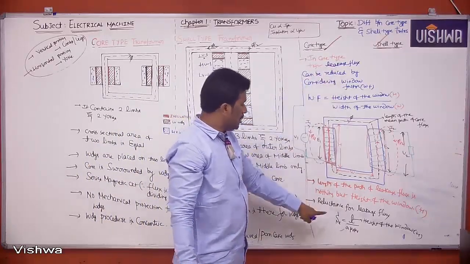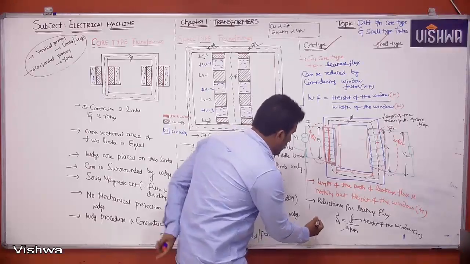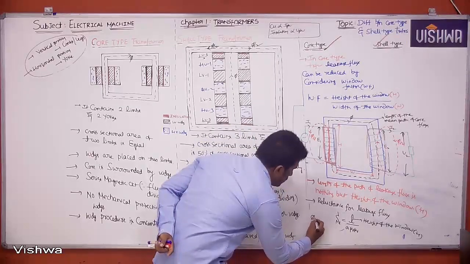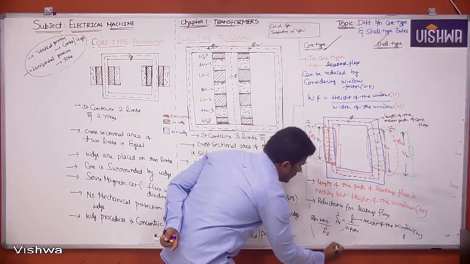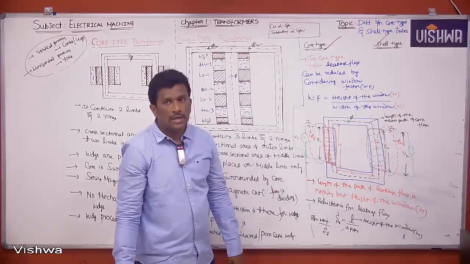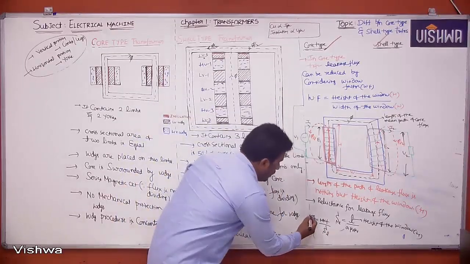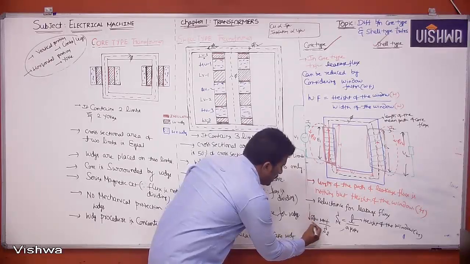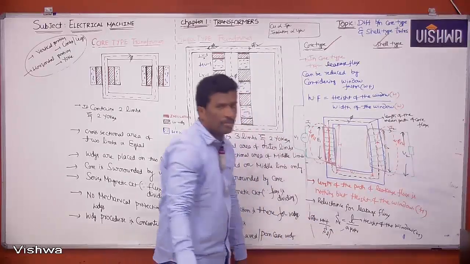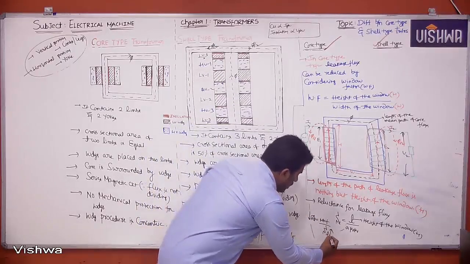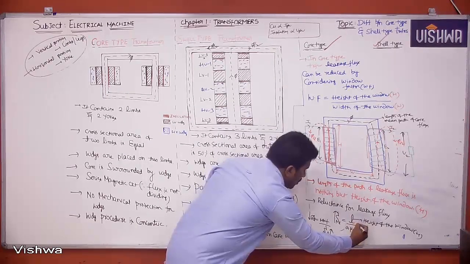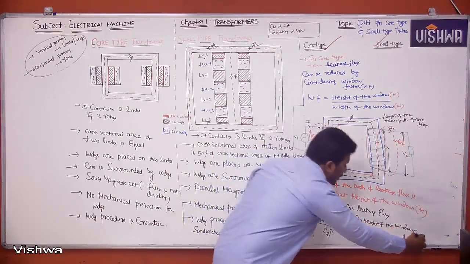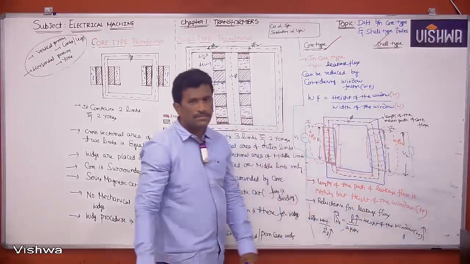Leakage flux is equal to MMF by reluctance SL. If you want to reduce leakage flux, reluctance should be more. If you want to increase the reluctance, l should be more, nothing but height should be more. That's it.